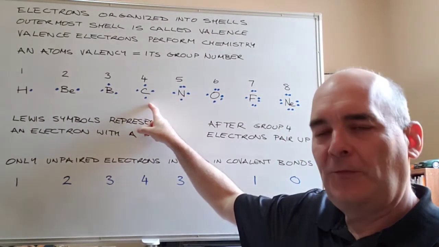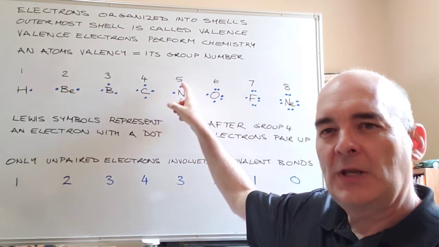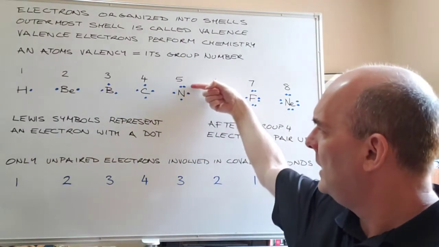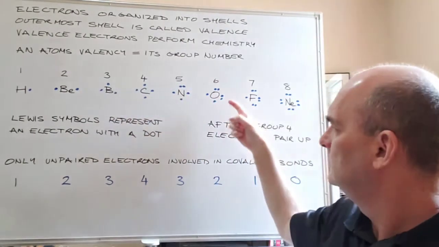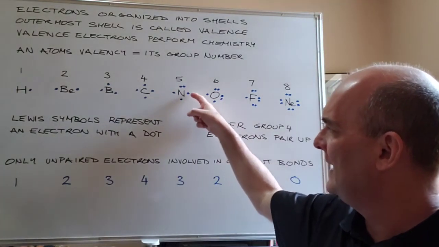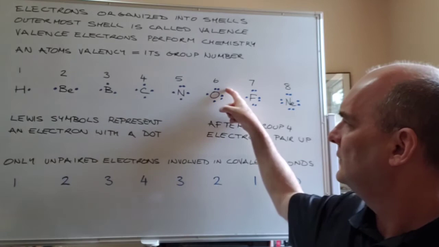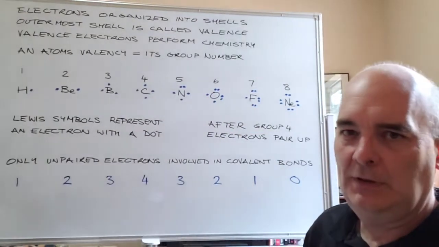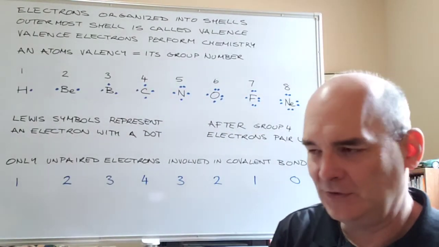After group 4, those electrons start to pair up. So nitrogen has a pair of electrons and then these 3 individual electrons. Oxygen has 2 pairs of electrons and 2 individual electrons.